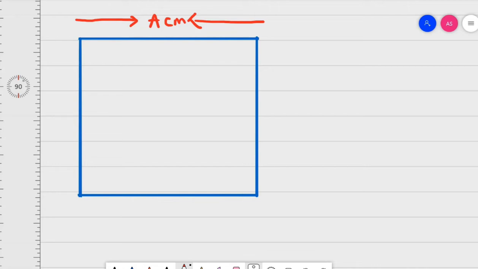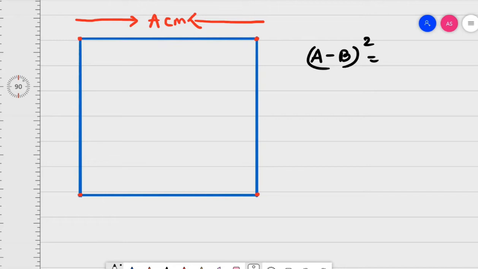Let us say this is a square of side a centimeter, means each side is a centimeter. Now what you have to find? You have to find (a minus b) whole square, isn't it? So let us create two parts of this side, which is a minus b and b.